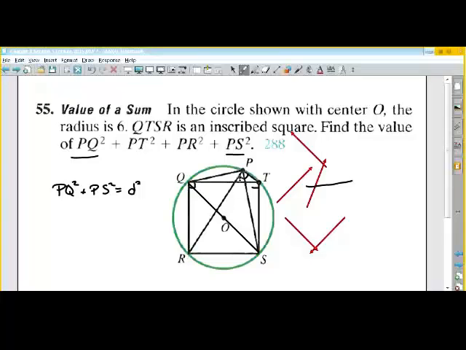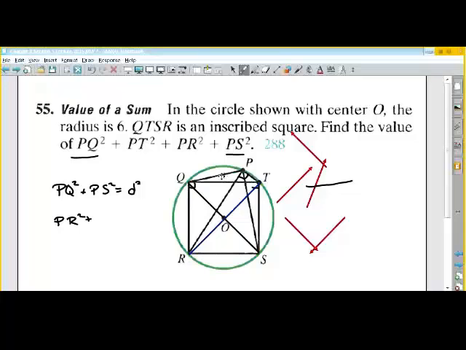If I take PR, which is one side of the triangle, and PT, which is the other side, the hypotenuse is going to be this line right there. So I've got this triangle RPT, with a 90-degree angle.